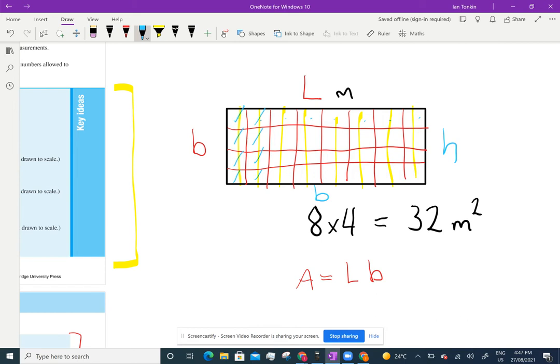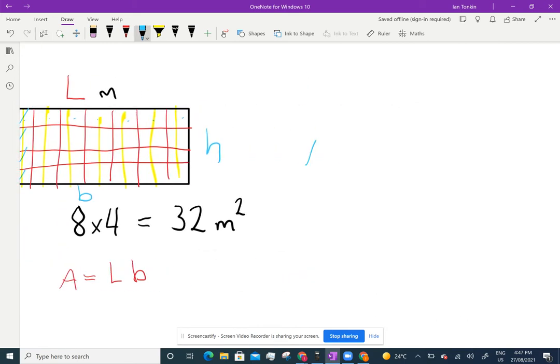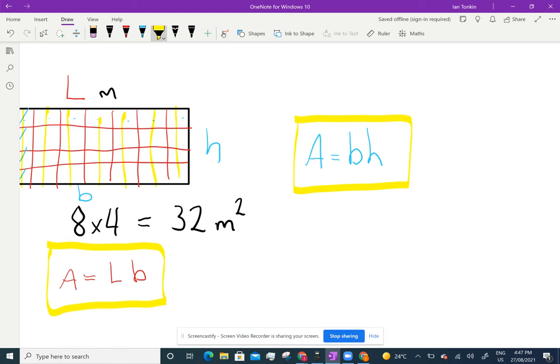So I'm going to be using area equals BH. It just makes it easier for a couple of other formulas that we're going to use later on. You can use either one, LB, or this one. Some people even say area equals length times width. So you can choose. This is the one I'm going with.